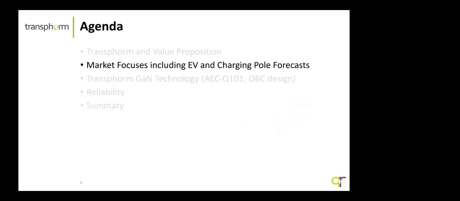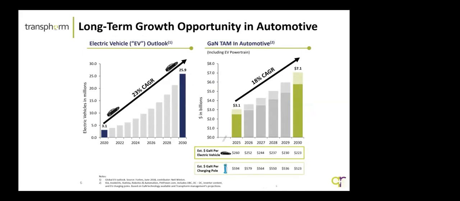So if we investigate the markets for electric vehicles and charging poles, what we see here is really a long-term growth opportunity in automotive, especially for gallium nitride as we continue to evolve this technology. As you can see, from 2020 through 2030, we have a CAGR of 23% in electric vehicles. So this is a large market that wide bandgap, whether GaN or silicon carbide, is starting to play into.